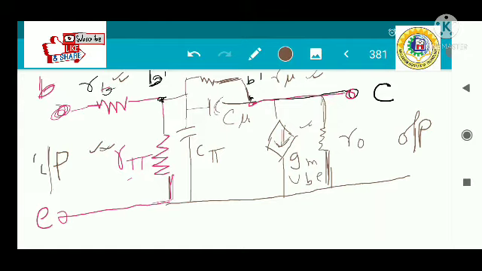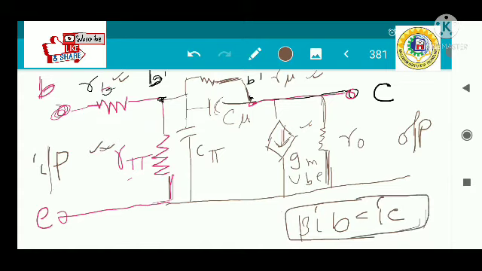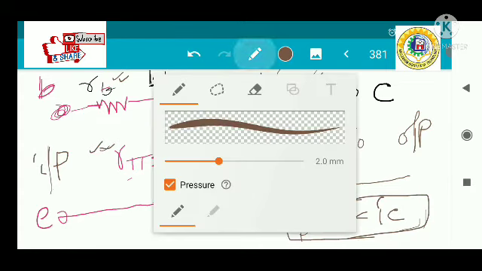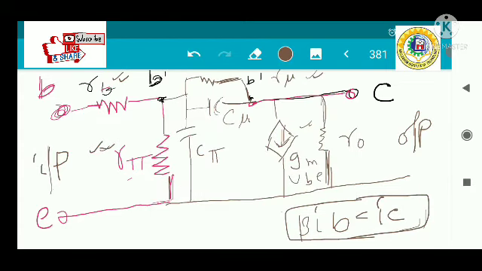In the previous model, instead of GM there is a term beta into IB, which also represents IC. Just compare with the RE model: there it is beta IB and here it is GM VB. So this is all about the model and the different parameters.